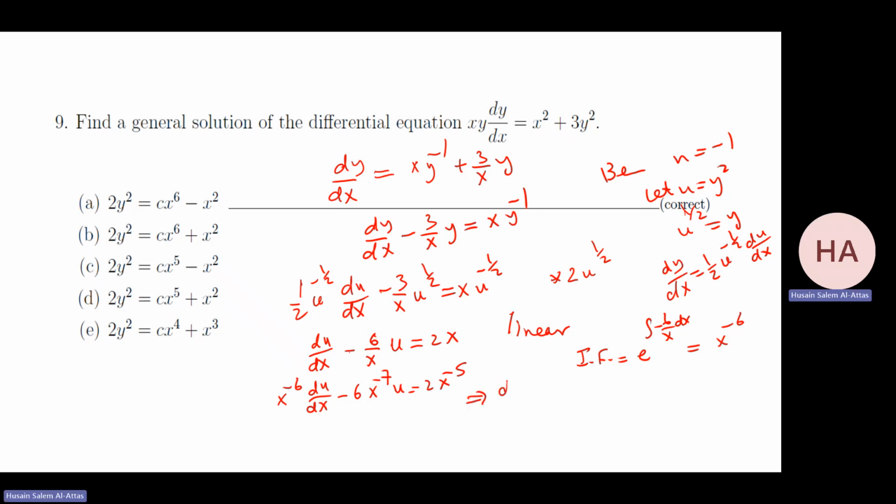That means d/dx (x^(-6) u) equals this. Integrate. We have x^(-6) u.